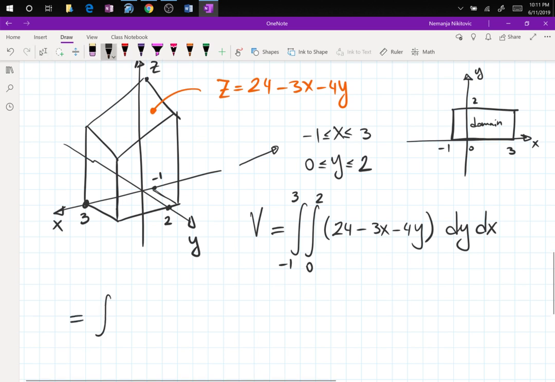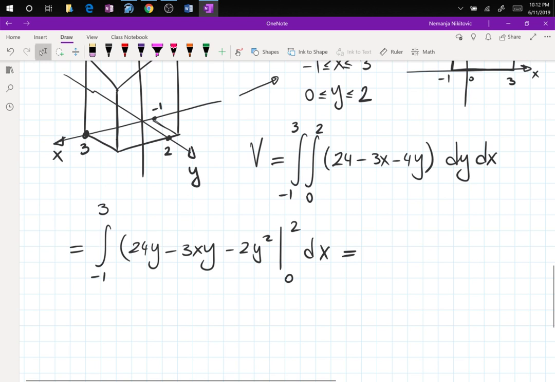So now we copy the outer integral, -1 to 3, and we integrate the inside with respect to y, which gives us 24y minus 3xy minus 2y squared, right? Because it's y squared over 2, and then 2 and 4 cancel. From 0 to 2, and we still have to deal with x's in the next step.